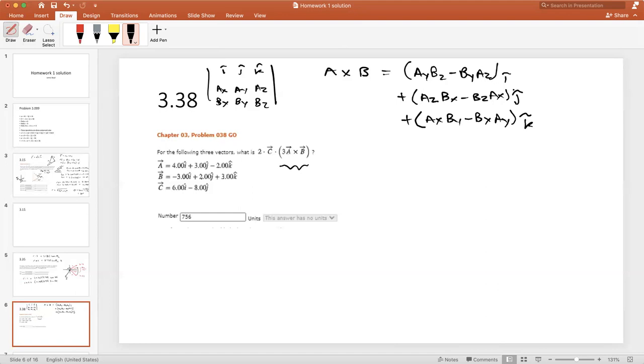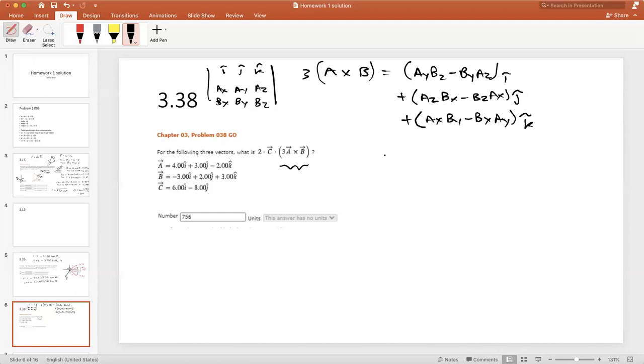XYZ, YZ, XZ, XZ, and XY, XY. Okay, so this is how you find the cross product. If we want to multiply this by a constant, we can do it after we do this. This 3 in front of the A is the same thing as multiplying the answer by 3.